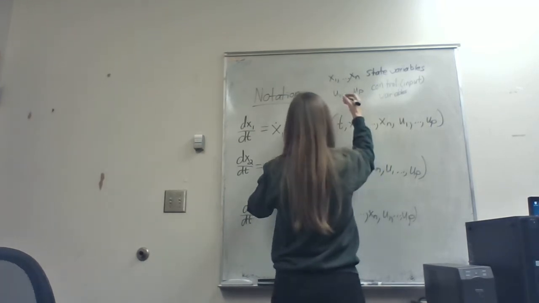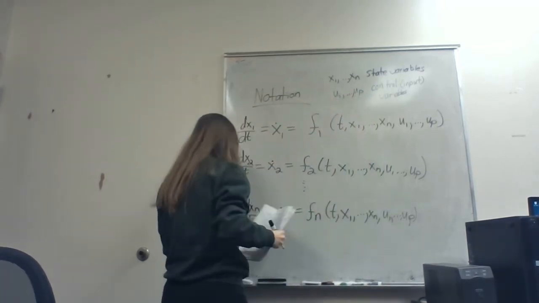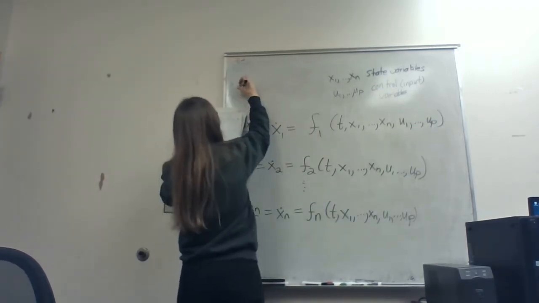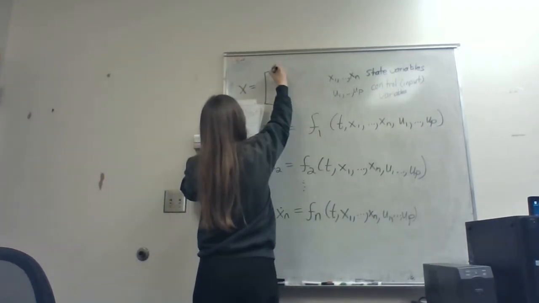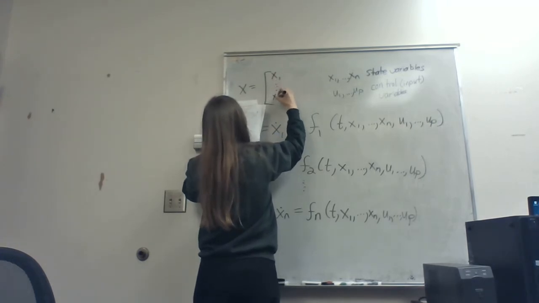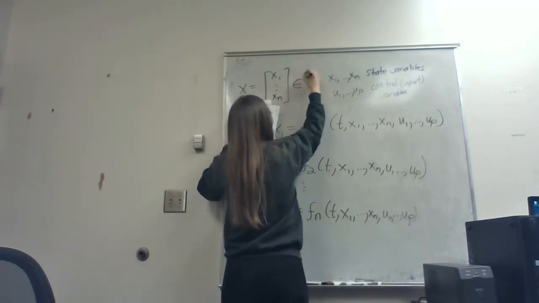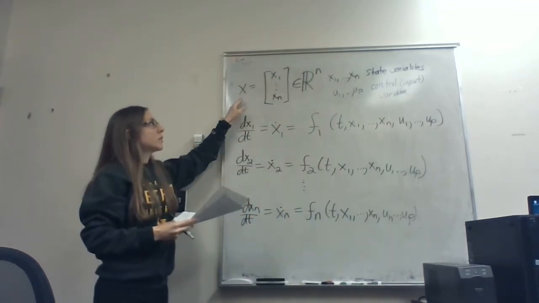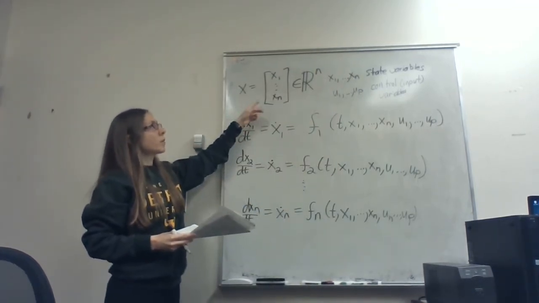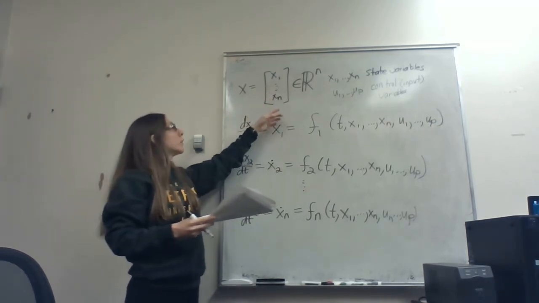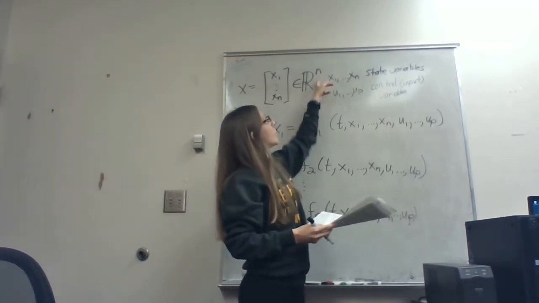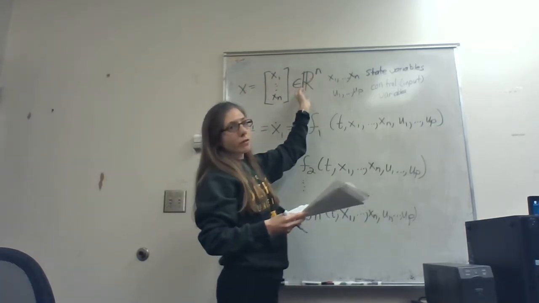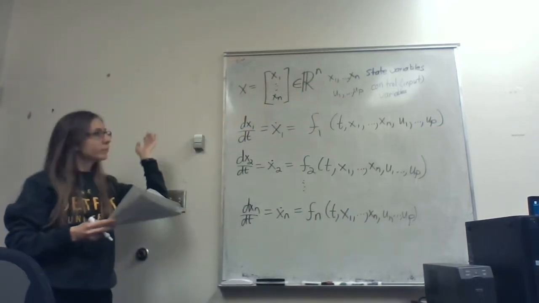So then notation with regard to vectors. x is equal to x1 dot dot dot xn, contained in R to the n. So that's notation that we're going to use. Whenever I write x, what I really mean is an n-dimensional vector, and this signifies that x is an n-dimensional vector with real entries.